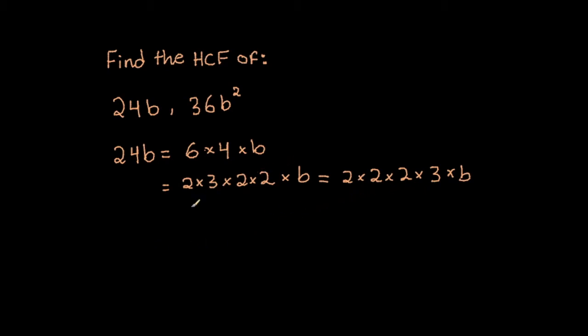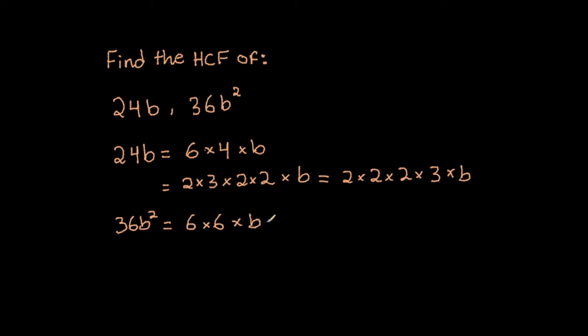Now let's go for the 36b squared. The 36 here can be broken down into 6 times 6. And b squared is the same thing as b times b.